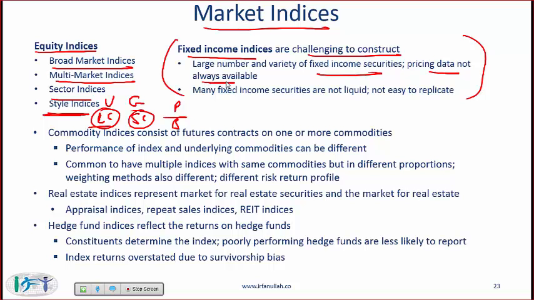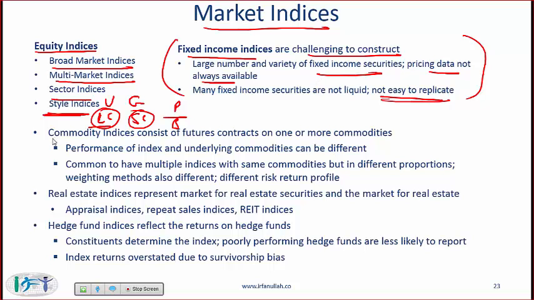Since they are not liquid, price data is not easily available. These are also not easy to replicate, because with a stock-based index, you can then create a fund with those stocks. But if you have a fixed income index where it's not easy to buy those particular constituent securities, then you cannot replicate that index.